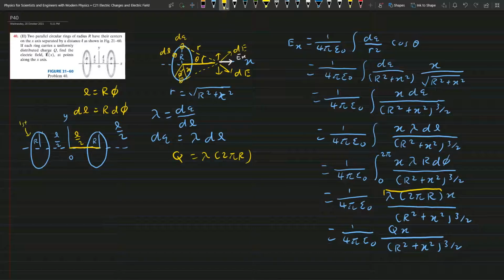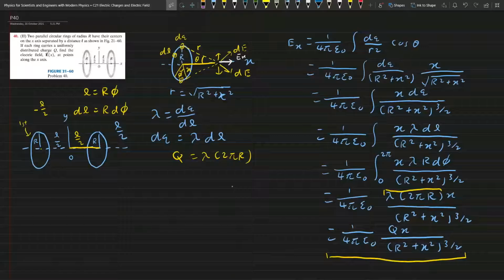You can see the center of this ring is located at negative L over 2 for this new origin. So we have to modify this equation. This x should be changed to x minus L over 2 for the first ring.